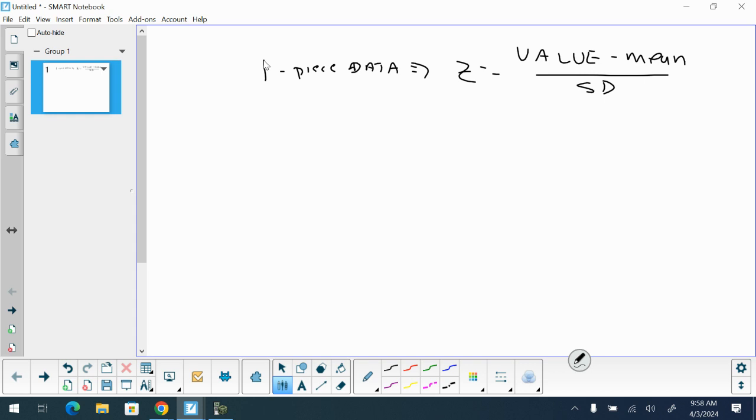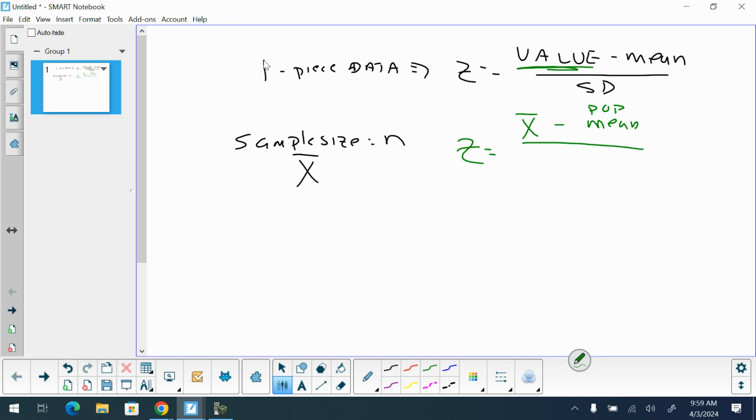When we're talking about a sample size equal to n, and we take a look at their sample mean, our value turns into the sample mean that we're trying to judge, minus our population mean, divided by the standard deviation, but we had to divide this by the square root of n.